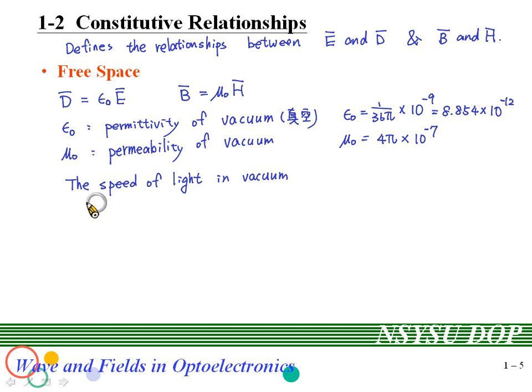The speed of light in vacuum is c, which is the inverse of the square root of epsilon 0 and mu 0. Taking these two values into this expression, c will be approximately equal to 3 times 10 to the power of 8.